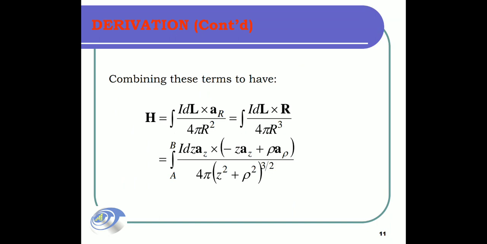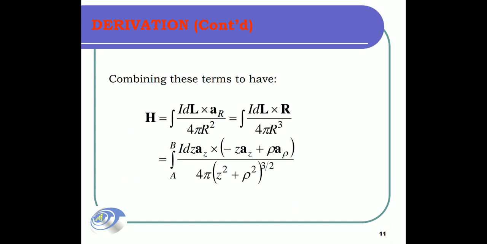Okay, so this r is nothing but what I have got, I into dl. dl is nothing but your dz, what I have arrived at. Okay, into your a_r vector is along your z axis, so I'll be having my a_z into integration of this. The r vector was (z minus z) a_z plus rho into a_rho, divided by r cube.